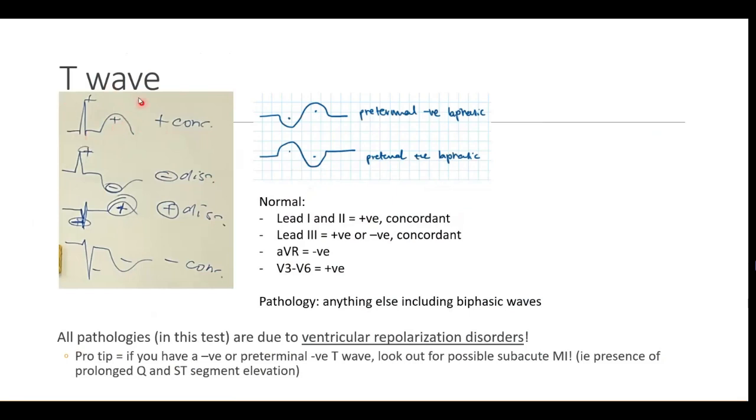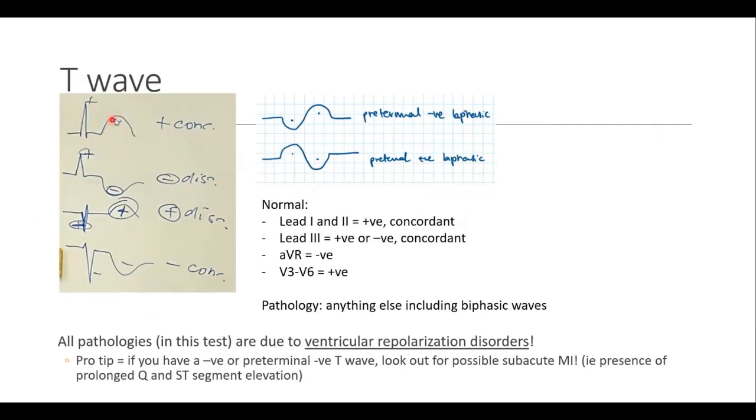So in this case over here, the biggest part is the R wave, and obviously the T over here is positive, and it happens to be positive here for the QRS complex too, so that's why it is concordant. Over here, for example, the T wave is negative, but the R wave, the biggest part of the QRS complex, is positive. And in this case, it's discordant because they're not matching. They're not the same polarity.